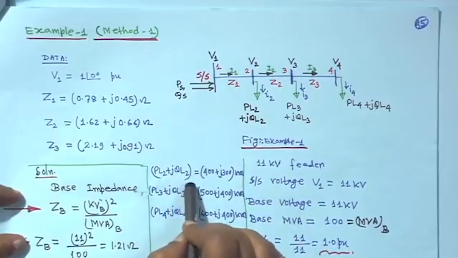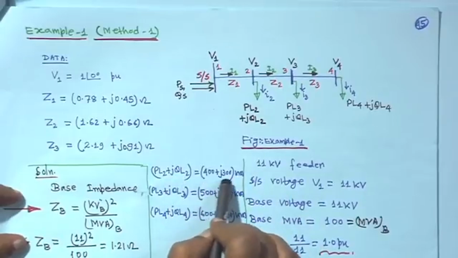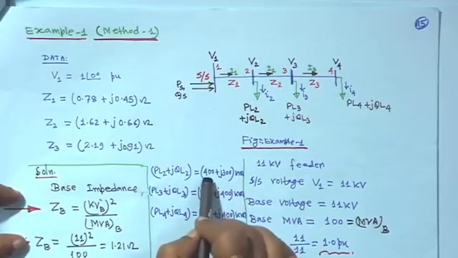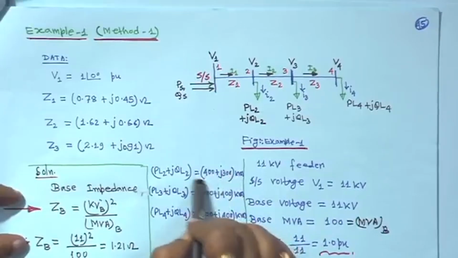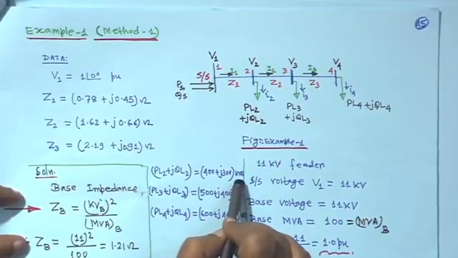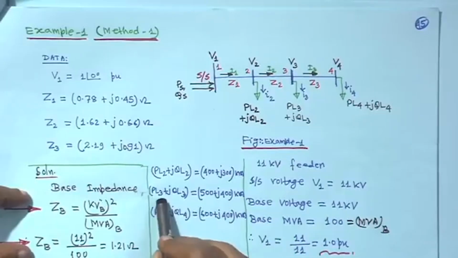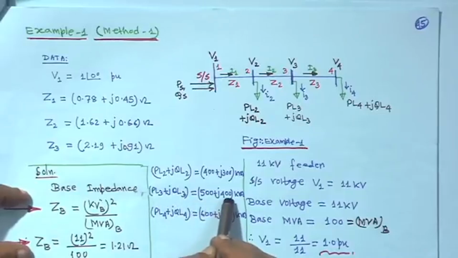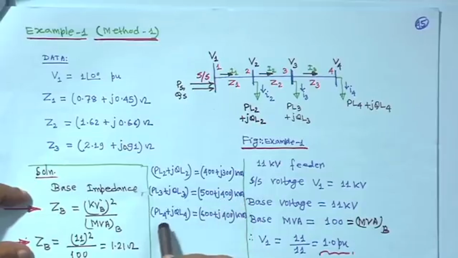Load PL2 plus jQL2 is equal to 400 plus j300 kVA. This is kilowatt, this is kilovar, but when you take the combination, we call it kVA. PL3 plus jQL3 is equal to 500 plus j400 kVA, and PL4 plus jQL4 is equal to 600 plus j400 kVA.